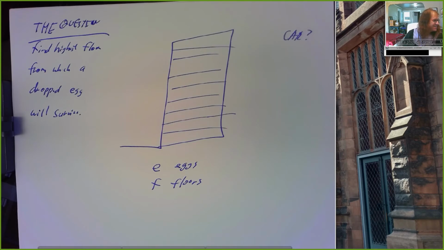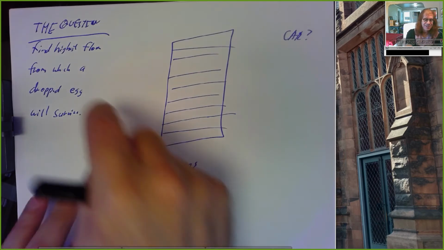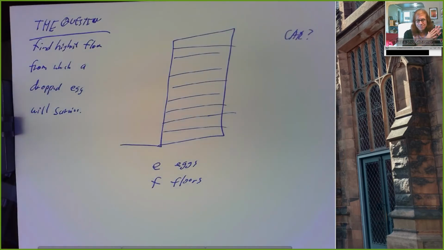It's a little bit like stick picking. There are a number of ways to do this, and we're trying to find the smallest number of experiments that we need to run that will guarantee a solution to this question.